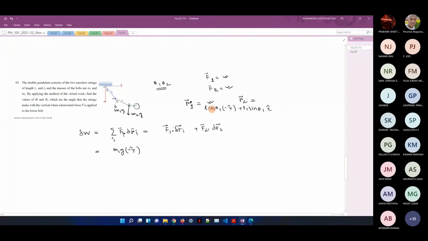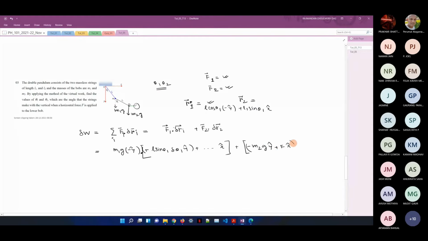So delta R1 will be equal to minus of L sin theta 1 delta theta 1 minus of y cap, which will give us plus y cap, plus this will give something along x cap, but because of this dot product this term will give 0. Plus F2.